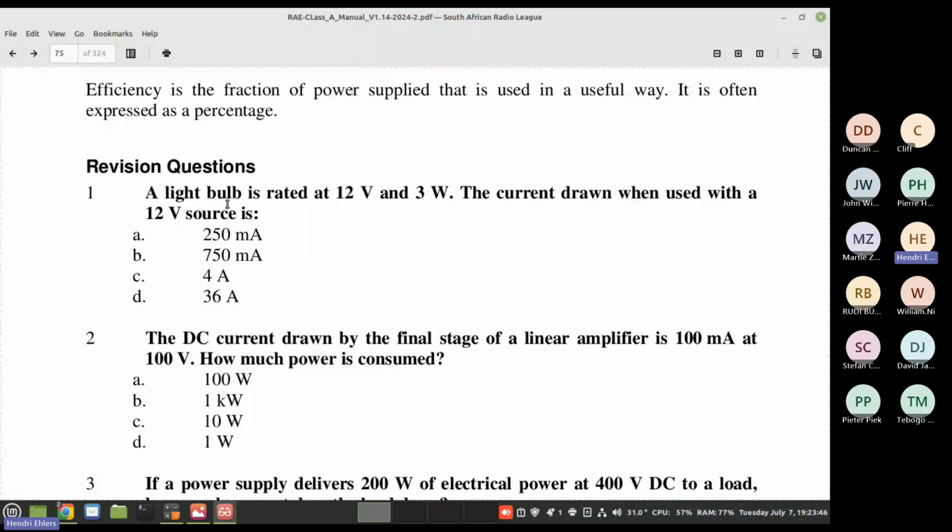The current drawn when used with a 12-volt source is... So we're going to divide 3 by 12, and that's going to give us 0.25 amps, which would be 250 milliamps. My answer would be A, if I'm correct. Does everybody agree with me?